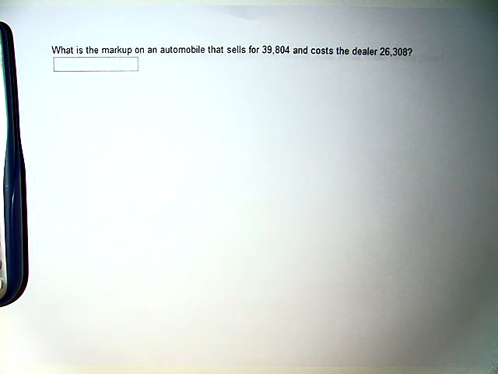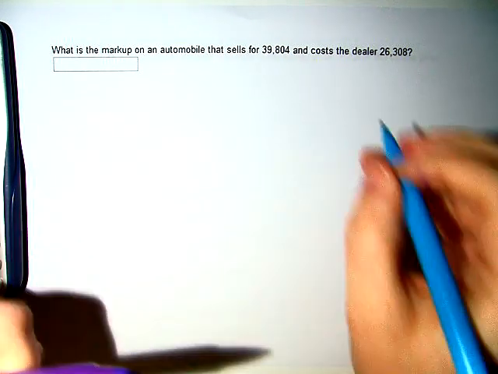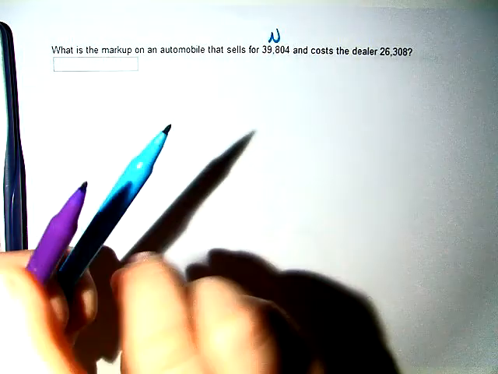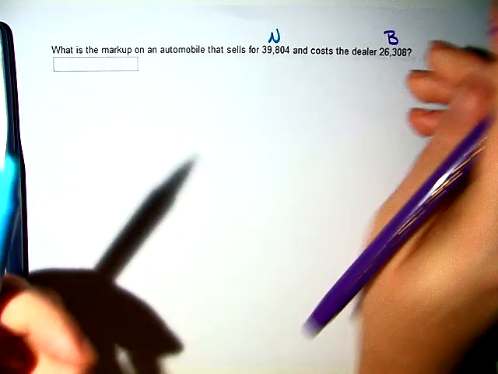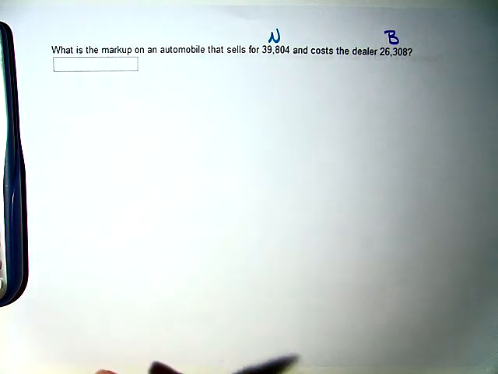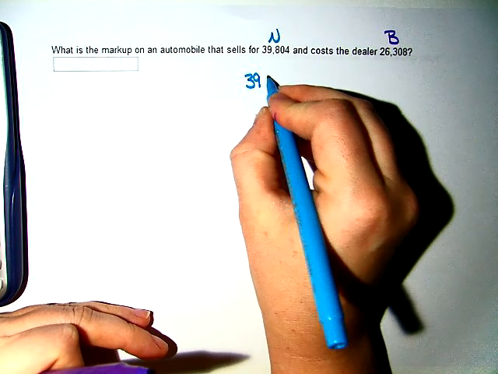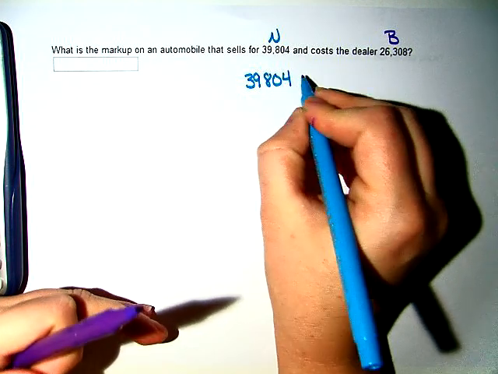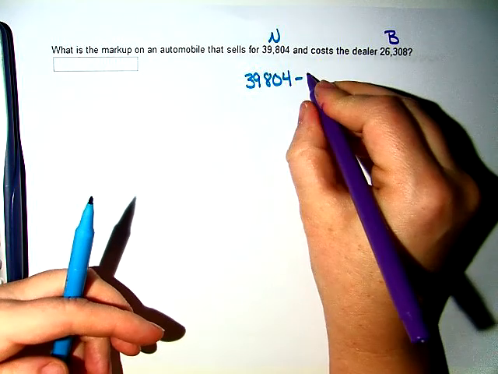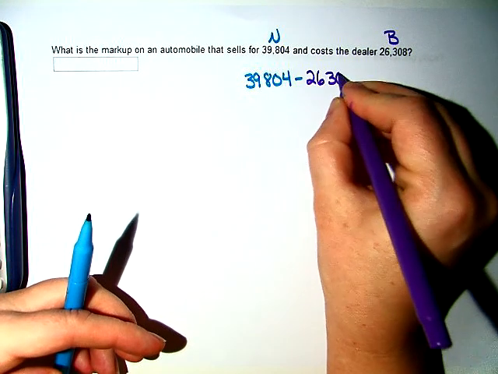What is the markup on an automobile that sells for 39,804 and costs the dealer 26,308? Okay, once again, we've got a new number and a base number. The markup or margin is just the difference between the two. So all we have to do is take 39,804 and subtract what it cost us, which was 26,308.